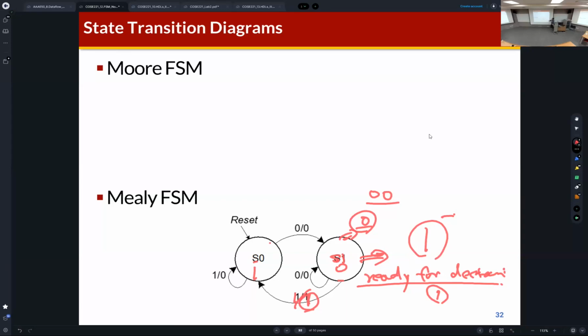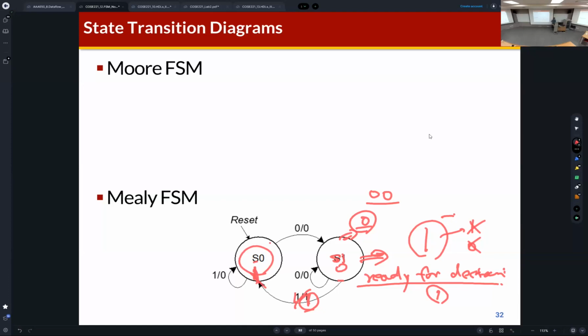At this point, even for different inputs like 1, 1 and 1, 0, the output is the same. We don't need to change to the state that is ready for detecting 1, so it should change to S0, which means that the previous event is 1.